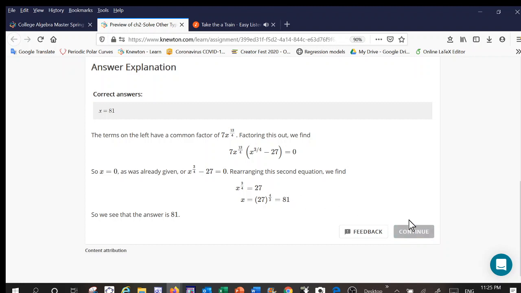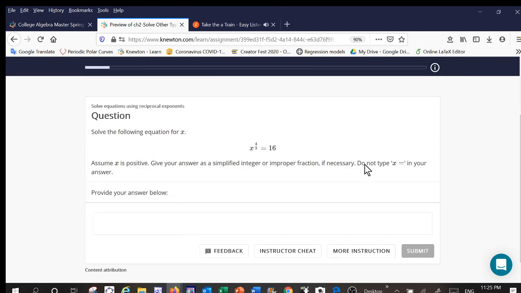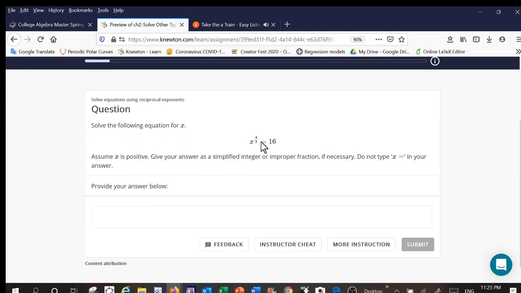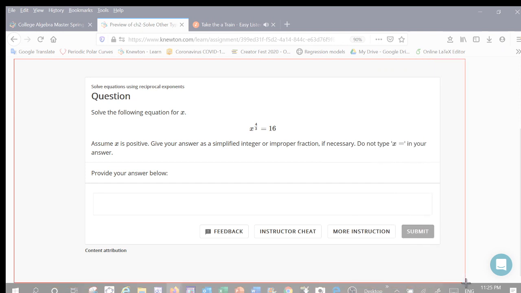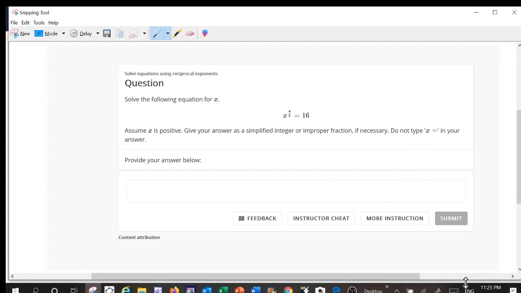All right. So that's when we have fractional powers. You can actually factor out the smallest exponent they have in common, right? So if you have something like x to the 4th plus x to the 3/2 equals 0, we take the smallest exponent they have in common.